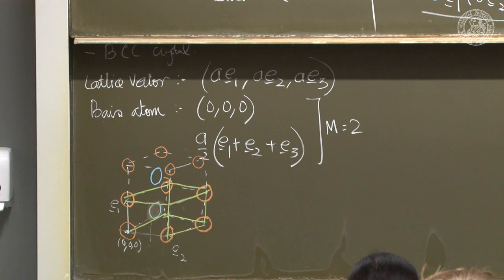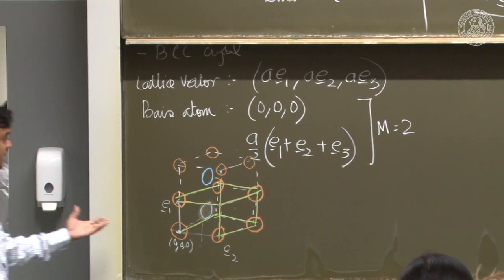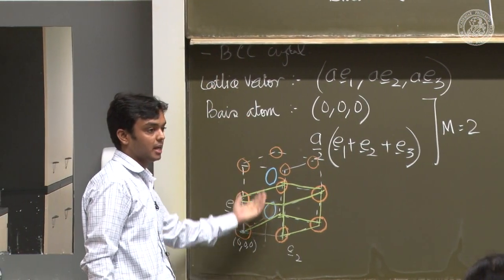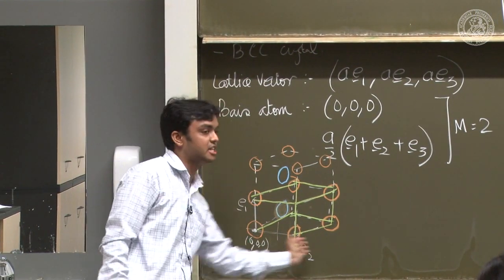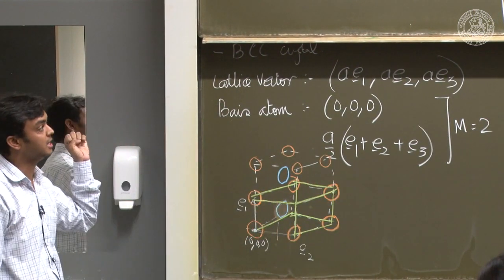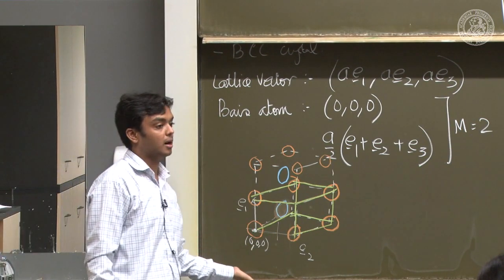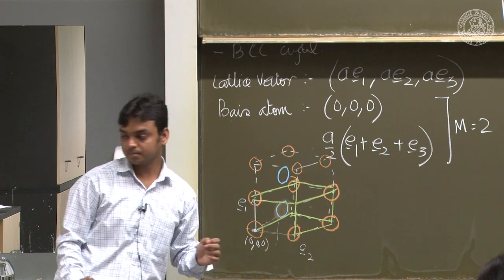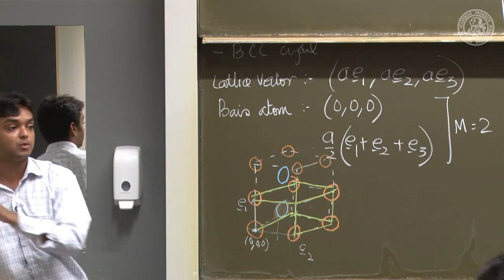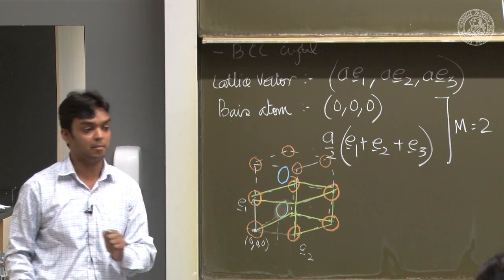When you translate this in the e1 direction, similarly in the e2 direction, similarly in the e3 direction, using that map, you'll form a whole crystal. And that's the translation periodicity which I'm talking about.